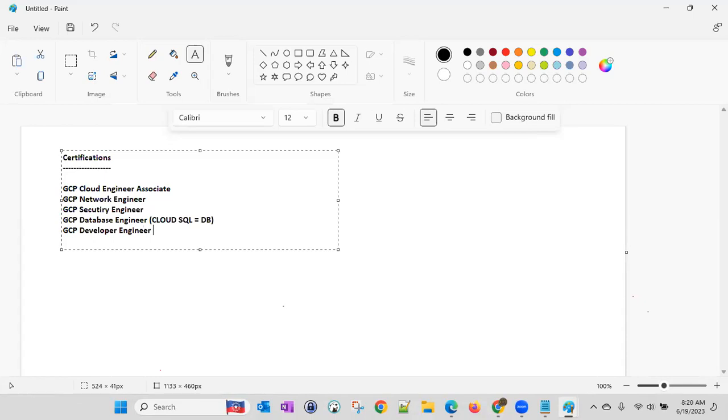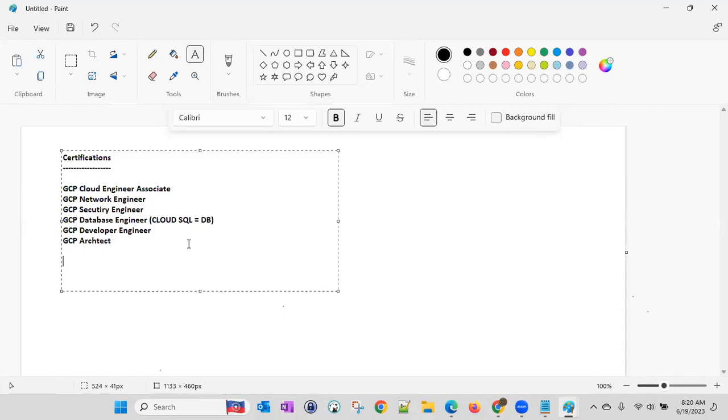Some coding level, how to deploy, all those things you will get. Okay. Then this is okay, I hope so. More than that, GCP Architect also is there.